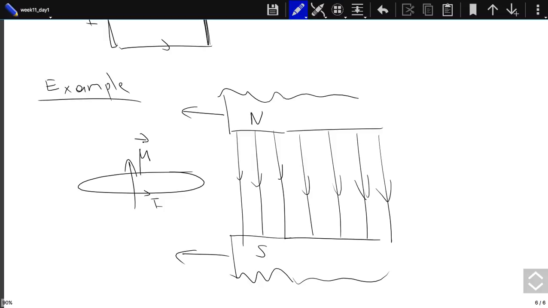So what happens when we bring this magnet is that we are creating a flux in the downward direction, right? When we bring this circuit inside our magnet, we are basically creating a flux in the downward direction in our loop. But Lenz's rule tells me that the induced current or the induced EMF will be such that it will try to resist the change that creates it.